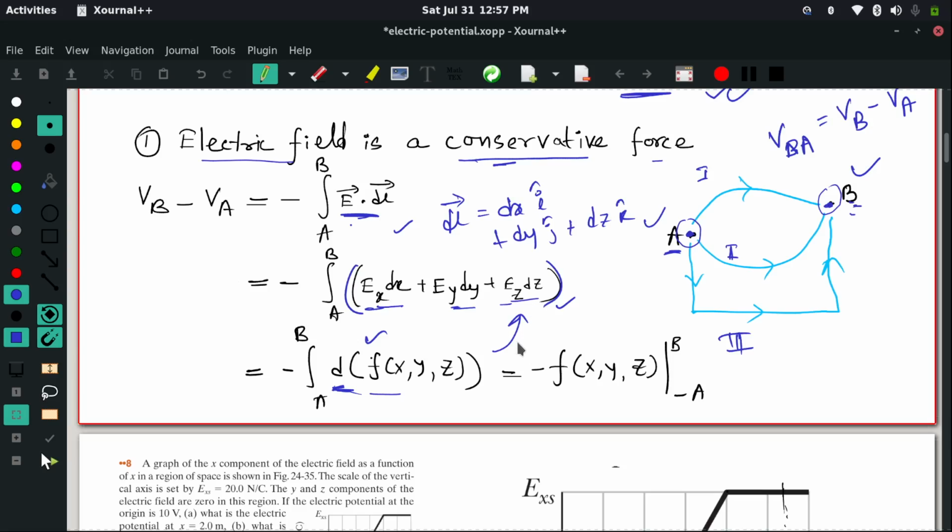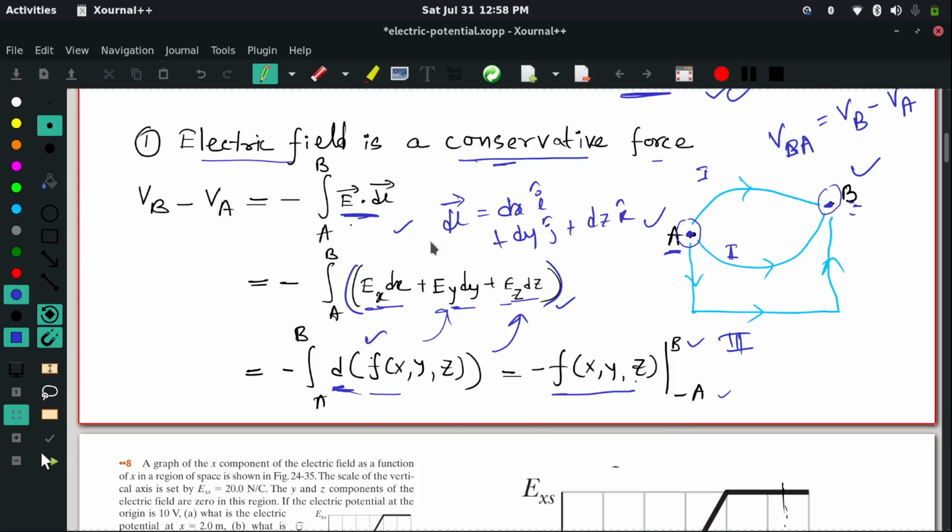If you can find a function, and there are some simple ways to get this function, then you don't need to do this complicated kind of integration. You can just directly write this f of x y z, whose differential will give you back this integrand, and you can just plug in these values.